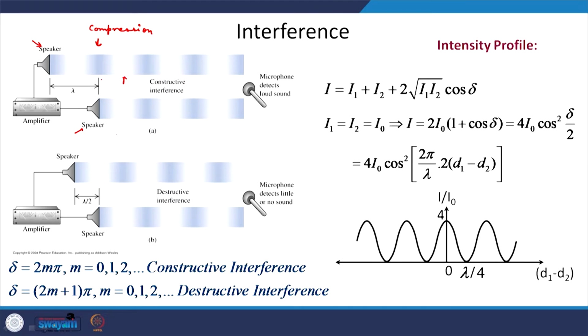These regions where you have less dense, it is rarefaction, and so these longitudinal waves are travelling in form of compression and rarefaction, and if the waves from speaker 1 and speaker 2 are superimposed over each other, and if they interfere constructively, then this microphone detects a loud sound. However, if they interfere destructively, the microphone detects little or no sound.